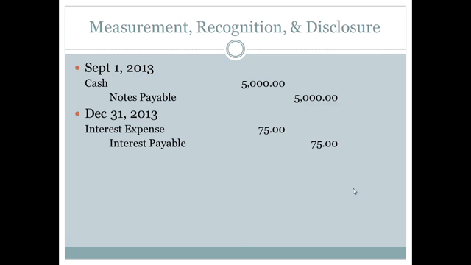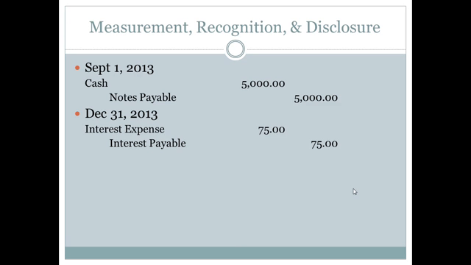And so we debit interest expense, that is our income statement account, and we credit interest payable. That's our additional related liability account as it is associated with notes payable. So interest payable gets credited for $75. So those would be the two transactions that would be required in 2013.